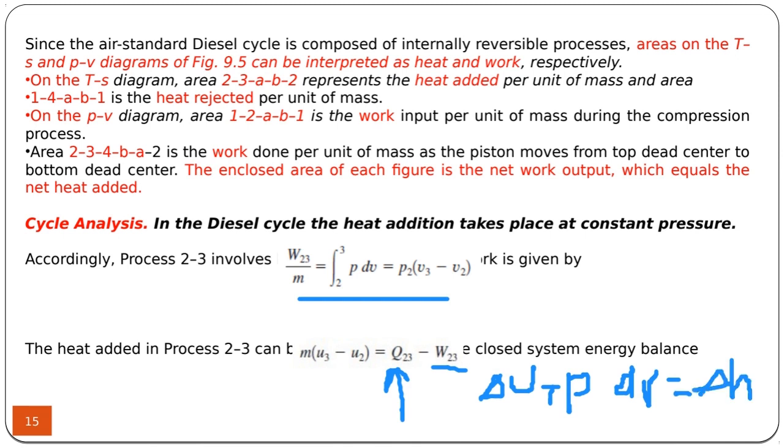So the heat addition in a diesel cycle can be obtained from the difference of the enthalpies. And this was, remember, in the Otto cycle, the difference of the internal energies, because it takes place at constant volume, but in diesel engines, the heat addition is obtained from the difference of the enthalpies.